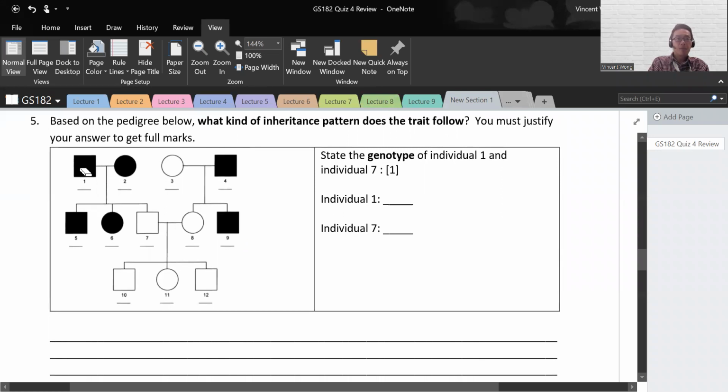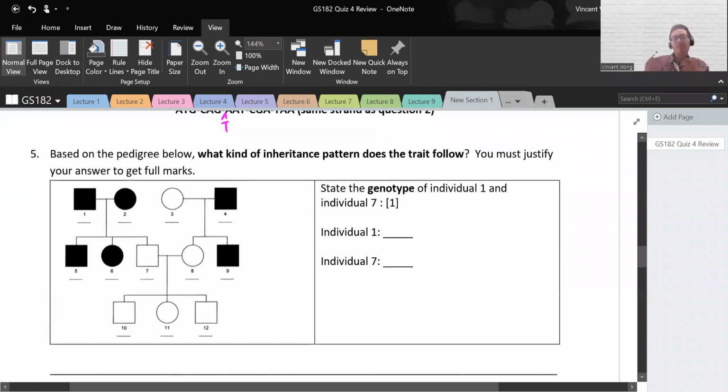So you see two individuals here. Let's just say we take a guess. Okay, we guess that this is going to be a recessive trait. If this is a recessive trait, the only way for the person to express the gene is if they are homozygous, if they have little a, right?